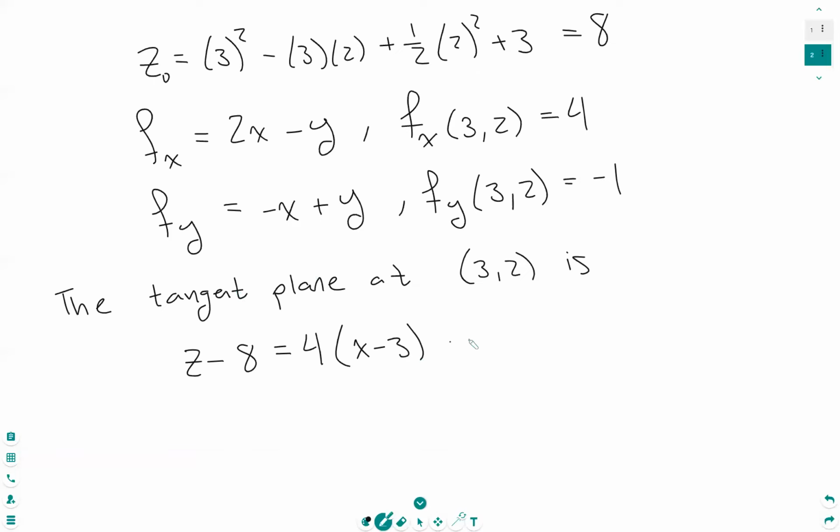We have a negative 1, so minus 1 times y minus 2. And you can simplify that a little bit, but that is our tangent plane. So not too hard. All we really need to do is find the z naught, f sub x, and f sub y.